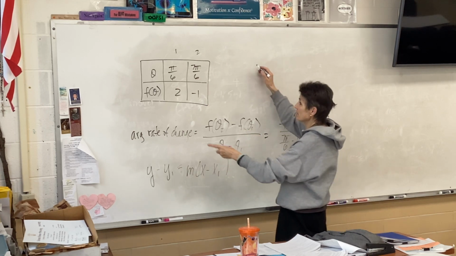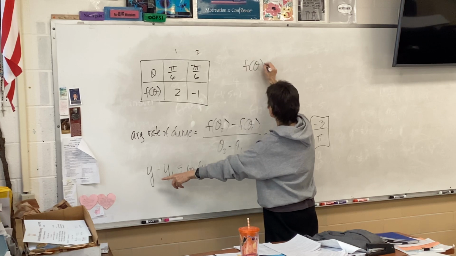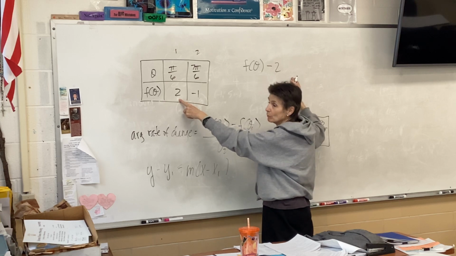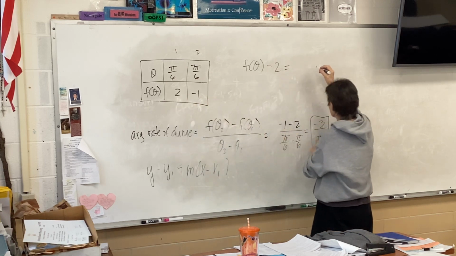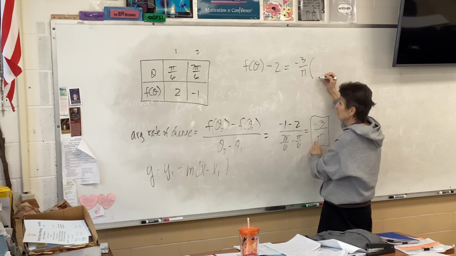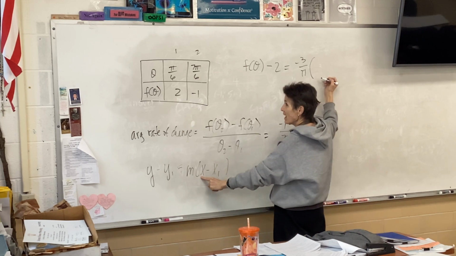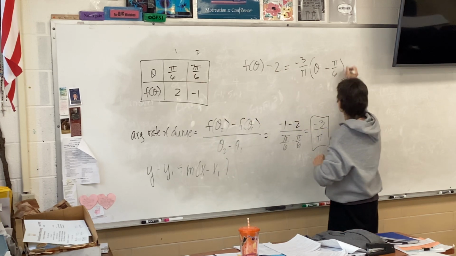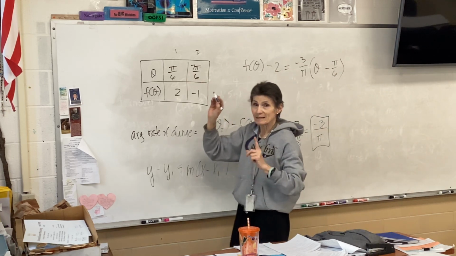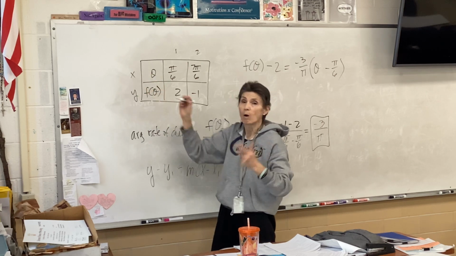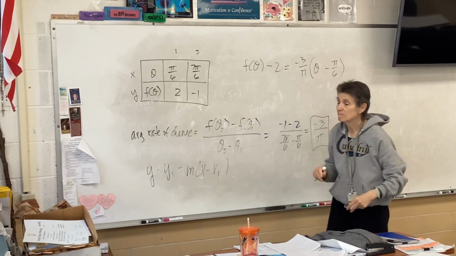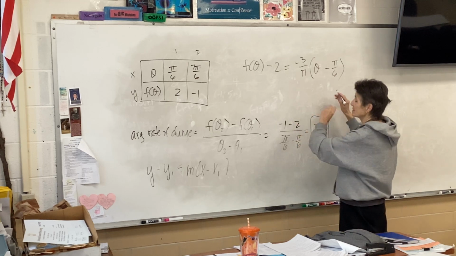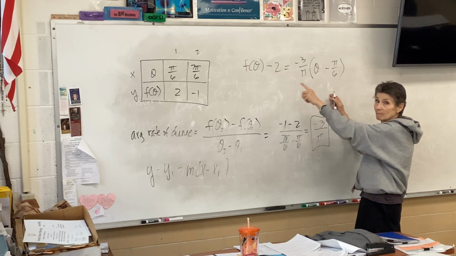So my equation is going to be f of theta minus, now I'm going to use this first point, so minus 2 equals my rate of change, which is my slope, times theta minus pi over 6. Okay, so again, in rectangular coordinates, I would have x and y. My chart would look like x and y. So just substituting in the polar variable equivalents, I have this equation.